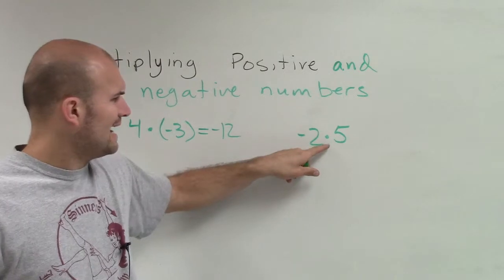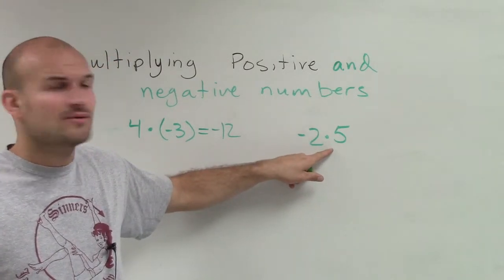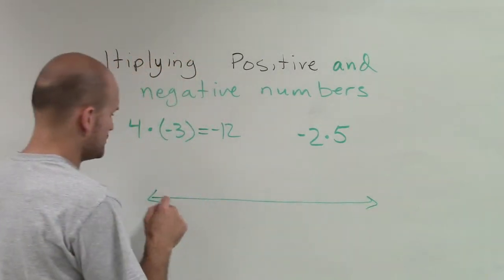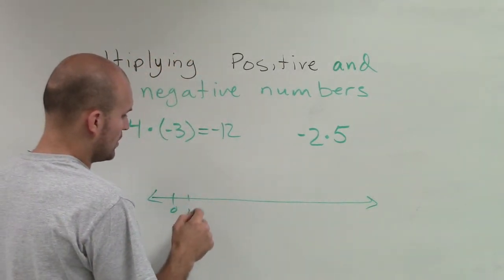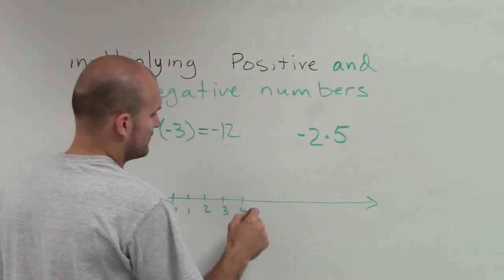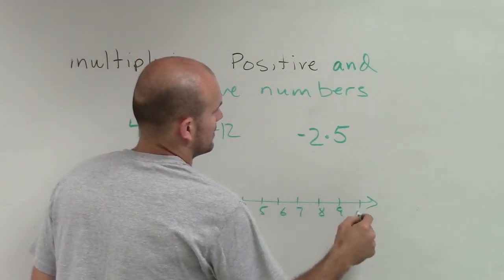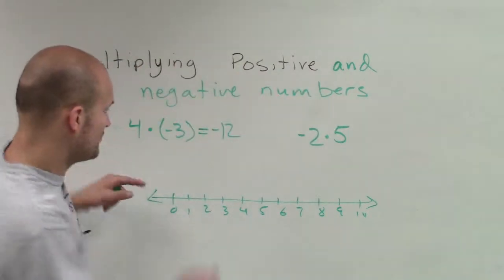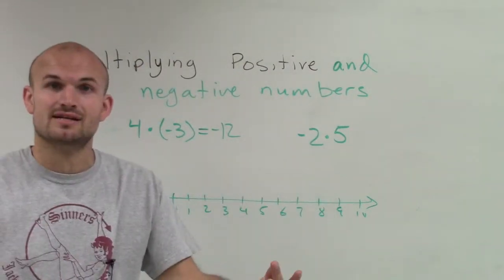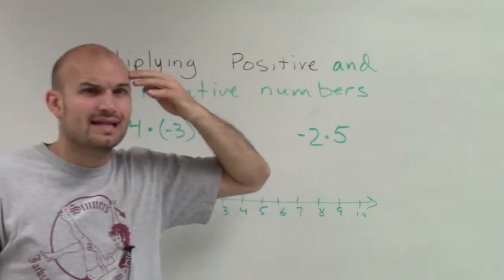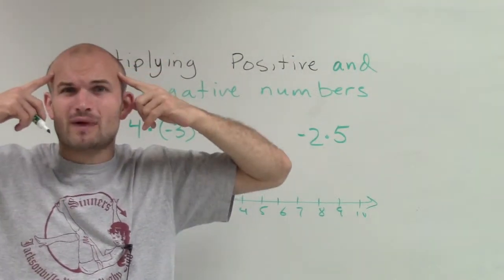Well, I don't know what else to do here with this, because I can do the positive set of 5, right? If I was to do a number line, 0, 1, 2, 3, 4, 5, 6, 7, 8. Okay, this makes sense. You can do 5 and 5, but that'd be 2 positive sets. How do you do 2 negative sets? Well, conceptually, that's kind of hard to wrap my head around.